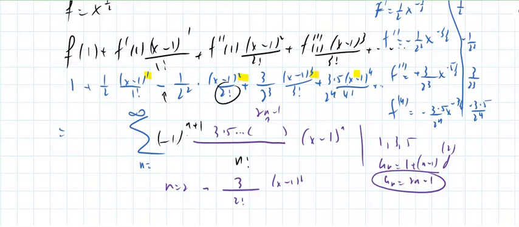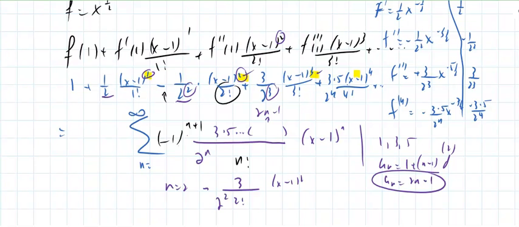Oh, I forgot. There is 2 to the first, 2 squared, 2 cubed, so there's 2 to the n. I forgot about that as well.